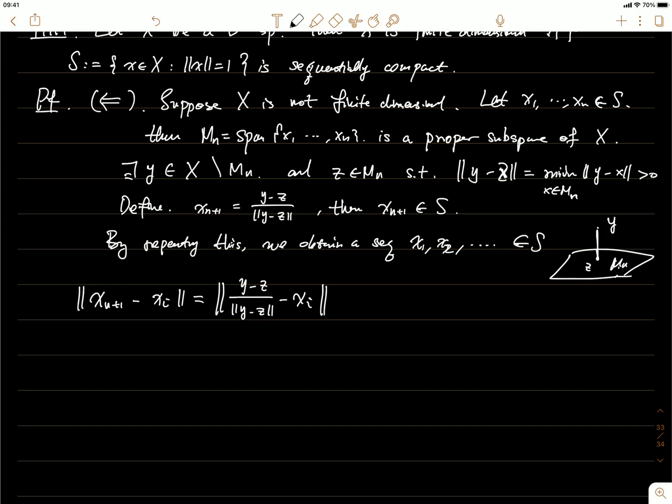This is how I define x_{n+1}. And then I can see that it's just, make a common denominator, I will have y minus z plus the norm of y minus z times x_i.